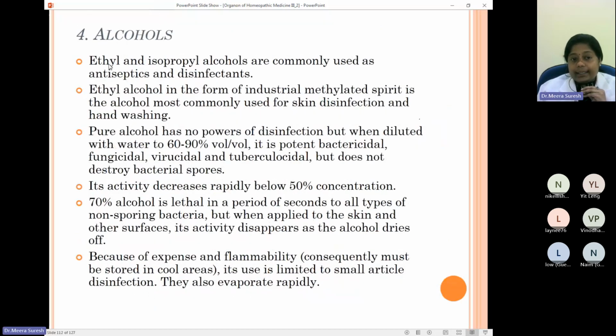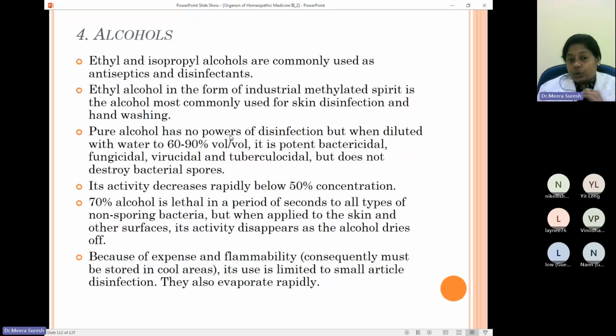Fourth is alcohol. Ethyl and isopropyl alcohols are commonly used as antiseptics and disinfectants. Ethyl alcohol, we know that we use ethanol, sometimes as a sanitizer also, in the form of industrial methylated spirit, is the alcohol most commonly used for skin disinfection and also for hand washing.